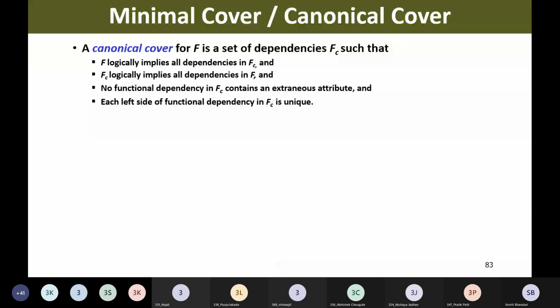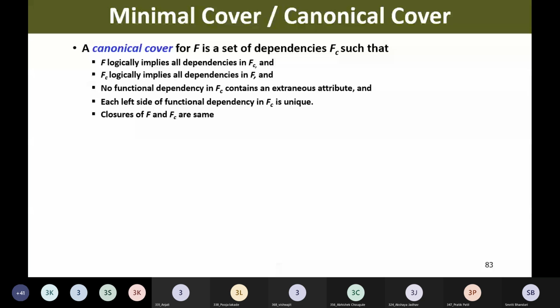Each left side of a functional dependency in Fc is unique. Closures of F and Fc are the same. If all these things are satisfied, then we say that we have come up with a canonical cover for F, which is a minimal set of functional dependencies.